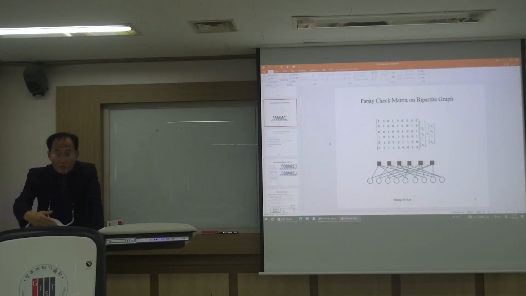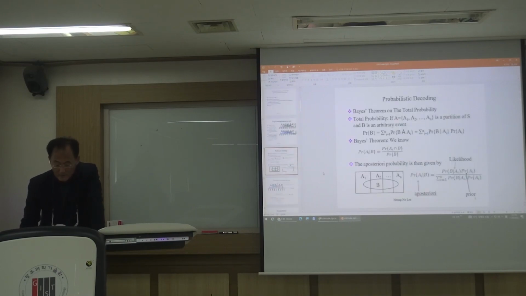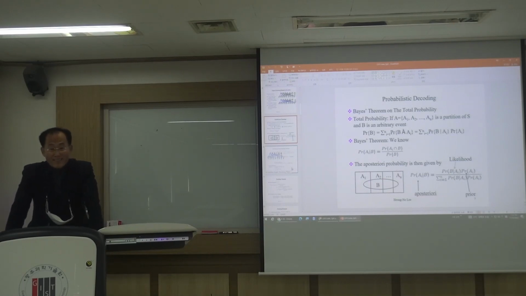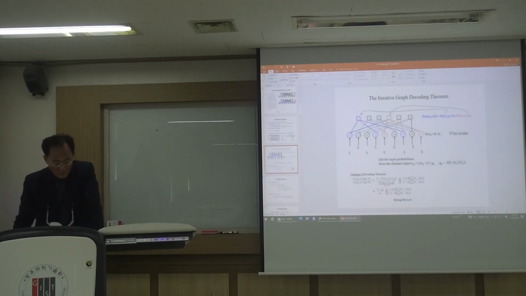Okay? And then once you have done that, you can come up with the decoding algorithm. The decoding algorithm is a probabilistic design, but since the amount of time is limited, I will just go over it very quickly. You have learned the Bayes theorem this semester, right? Basically, you can apply that Bayes theorem to the graph.